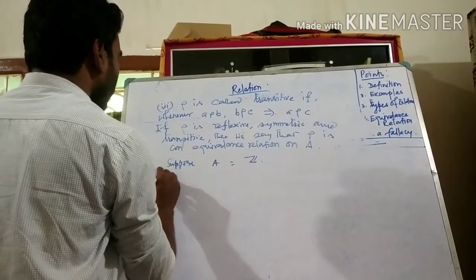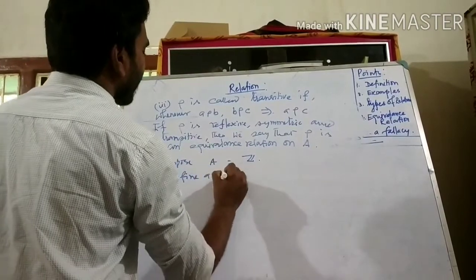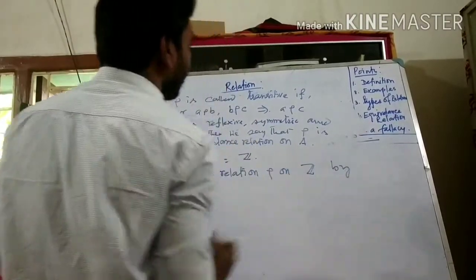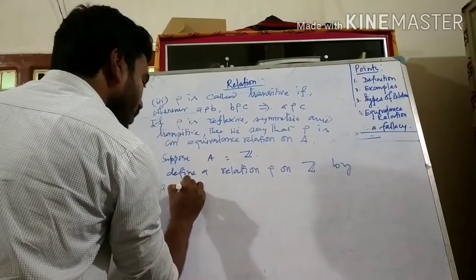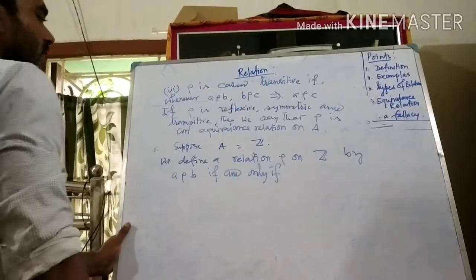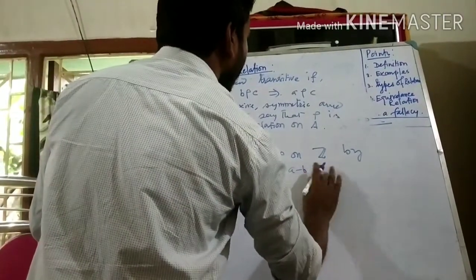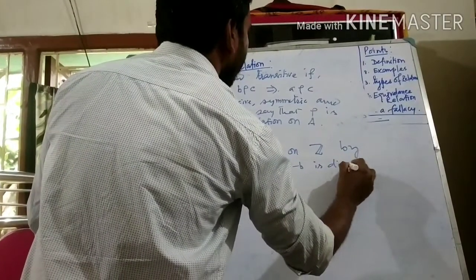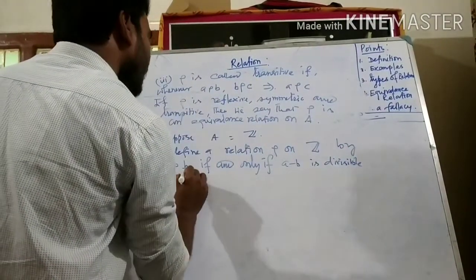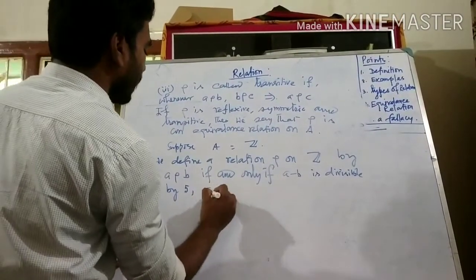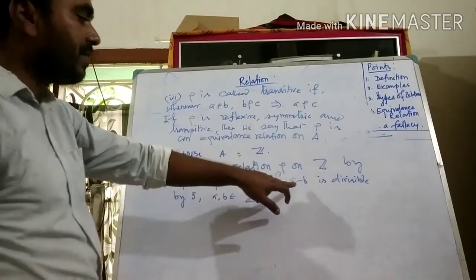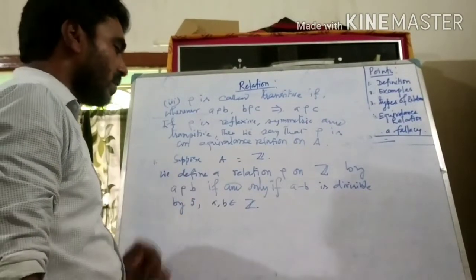We define a relation rho on Z by A rho B if and only if A minus B is divisible by, say, 5, where A, B belong to Z. So there is a relation between A and B if and only if A minus B is divisible by 5.